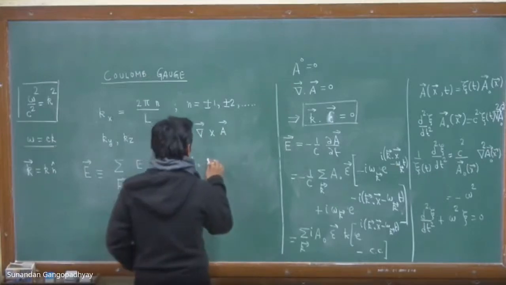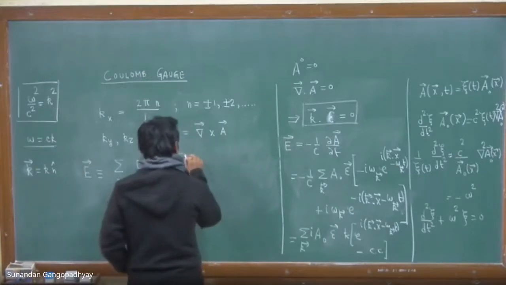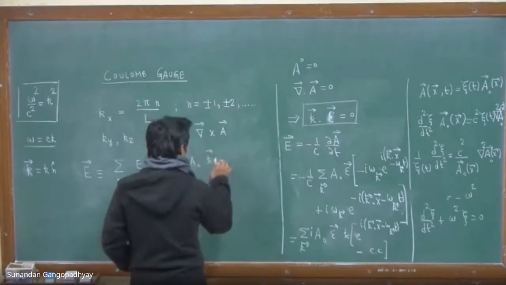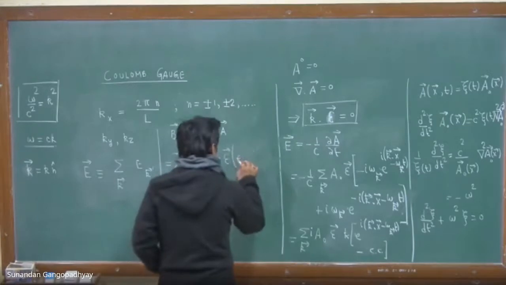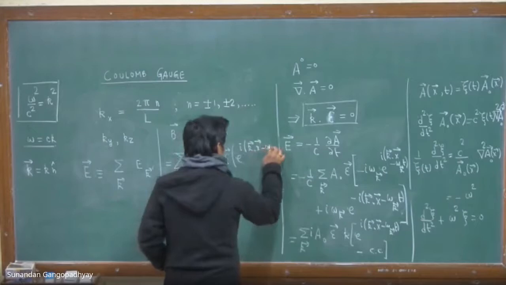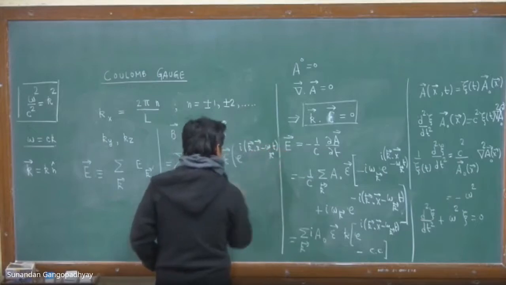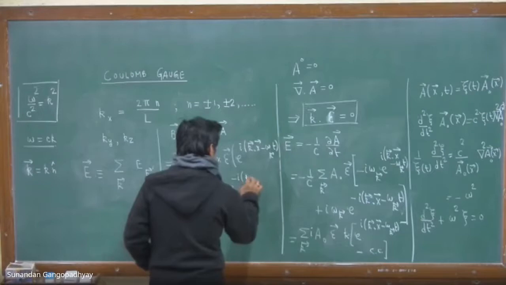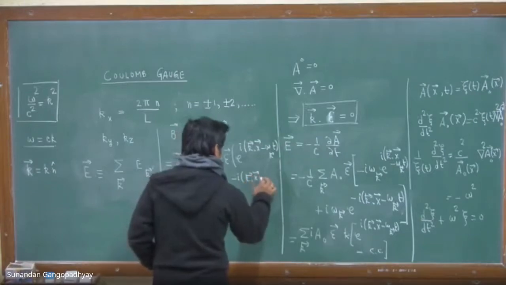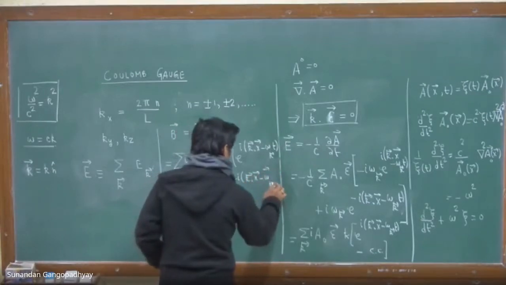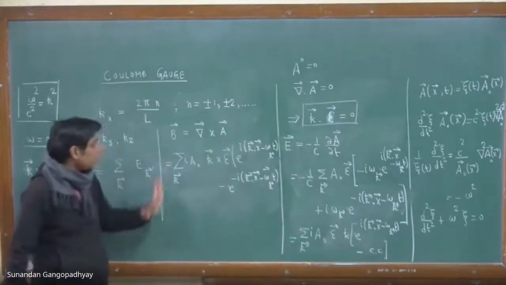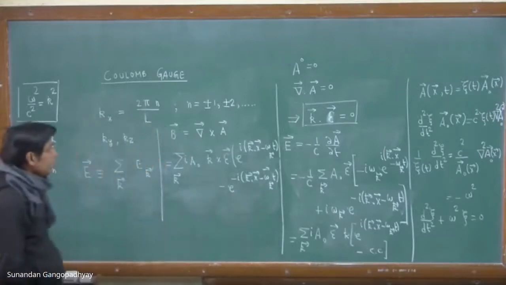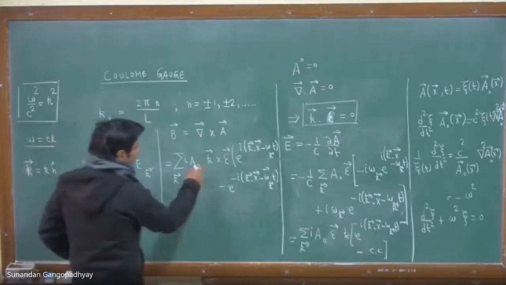So what we shall get is the following. You will have an i over here, k vector cross epsilon vector times e to the power of i (k dot x minus omega k t) minus e to the power of minus i (k dot x minus omega k t). So this is the expression for the magnetic field vector.